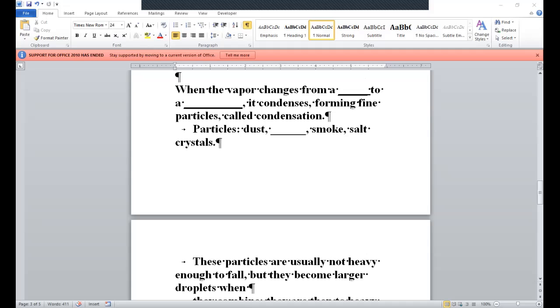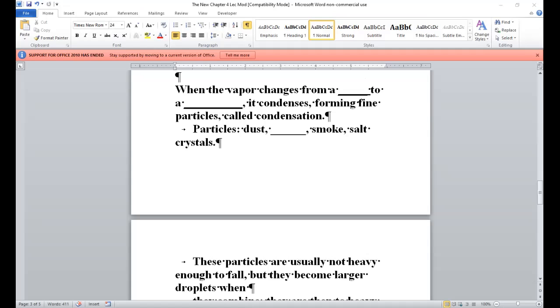The condensation forms around particles: dust, pollen, smoke, salt crystals. And these particles are usually not heavy enough to fall, but they become larger droplets when they do happen to combine. And at that juncture, they're just too heavy to remain suspended.